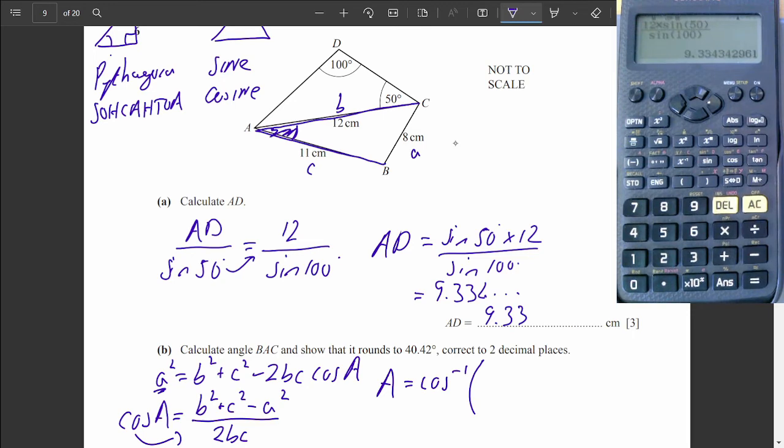Okay, so we start with b squared, which will be 12 squared, plus c squared is 11 squared. By the way, it doesn't matter if you swap these two around. What's important is that you get this side that is opposite the angle, that's the 8 squared. Okay, make sure you write nicely. Over 2 times 12 times 11.